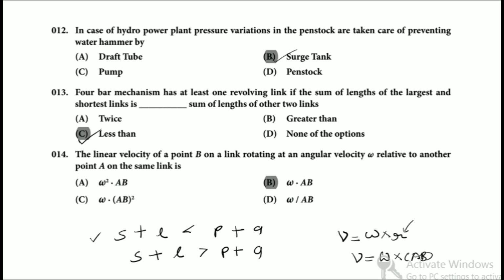Here I have written AB because you want to find the relative velocity of point B with respect to point A, so you must have the distance between these two points, that is AB. So the answer should be B, that is omega times AB.